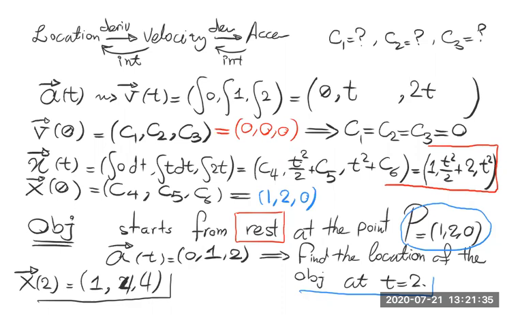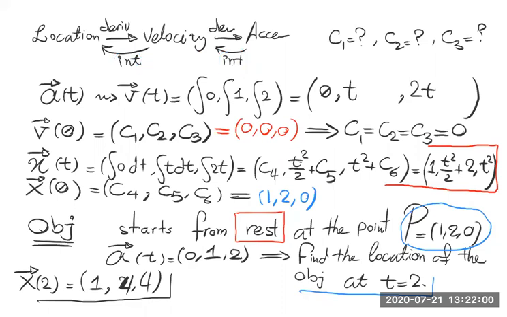So here we know if they give us the location, if I take the derivative, I would get velocity. And if I take the derivative of that, I would get acceleration. Also, the interesting fact is that if they give me acceleration, if I take the integral, I would get velocity. And if I have velocity, if I take the integral, I would get the location.